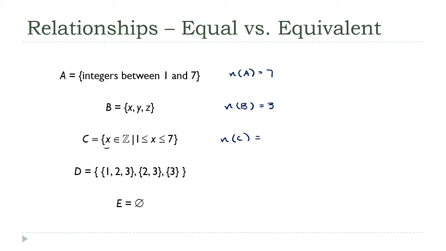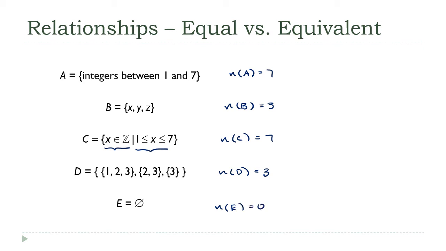First, this is saying x has to be an integer, right? It has to come from that set Z, and it has to be between 1 and 7. Well, how many integers are there between 1 and 7? You count them up if you like. That's going to come out to 7. The cardinality of D, we actually talked about this one 2 slides back. And the cardinality of E is 0.